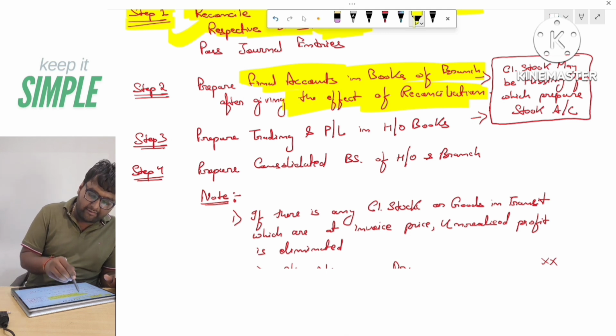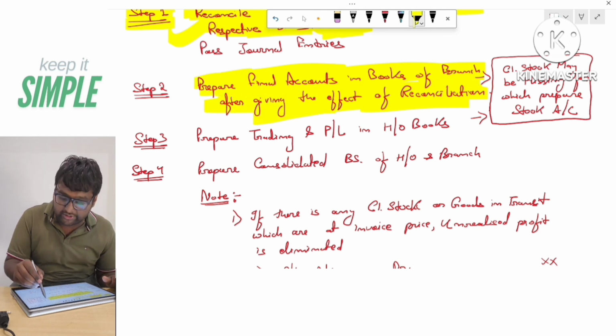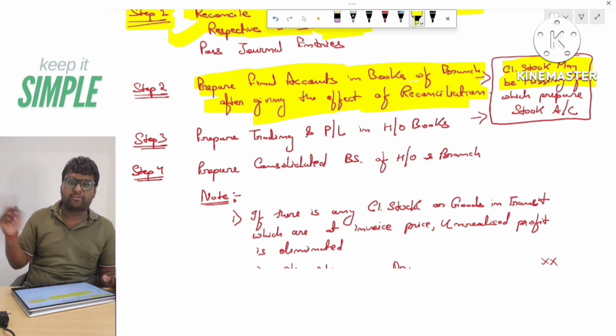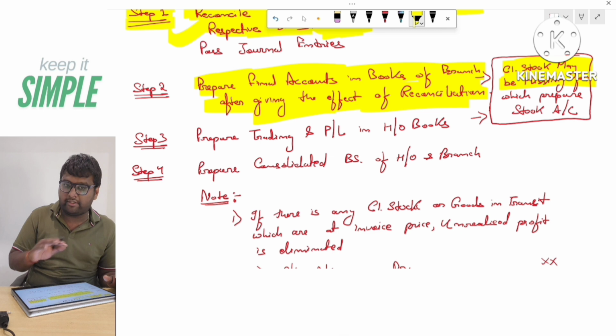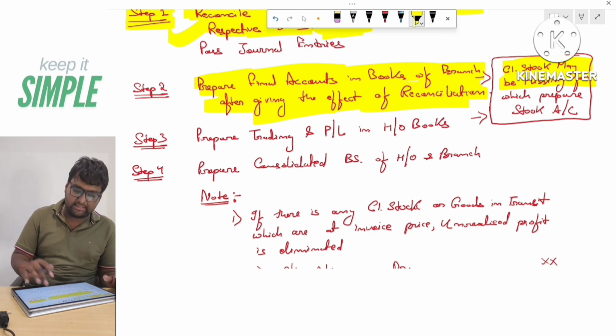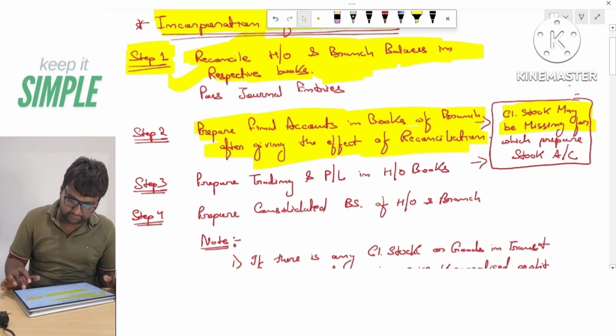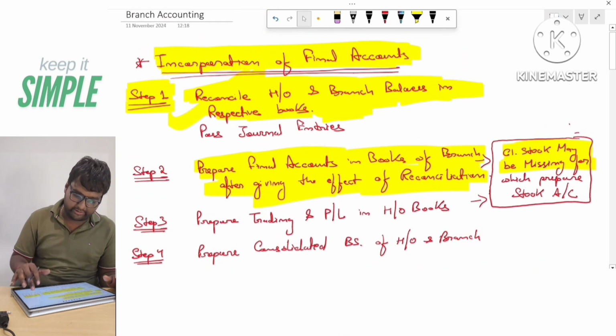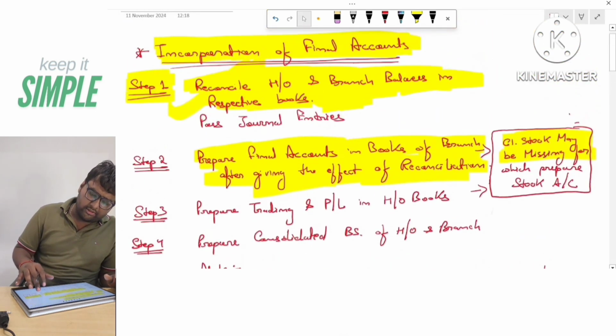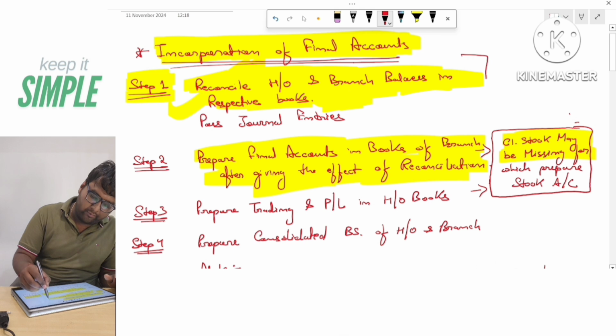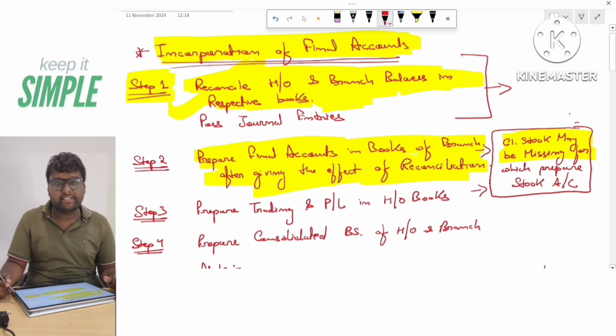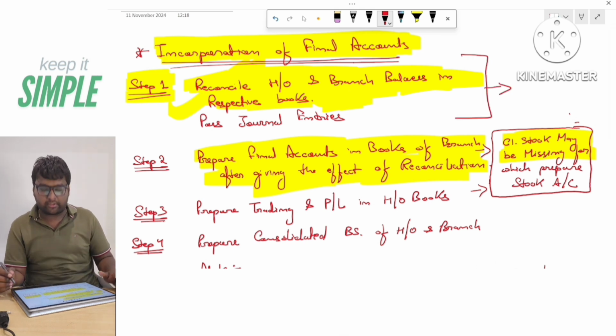We can face one challenge while preparing final accounts of branch, that is closing stock might be missing, for which we will have to prepare a stock account. That we will learn how to do while solving the problems. I'll just give you a brief understanding of the steps for incorporation. First, reconciliation, to see that every transaction has been recorded or not.